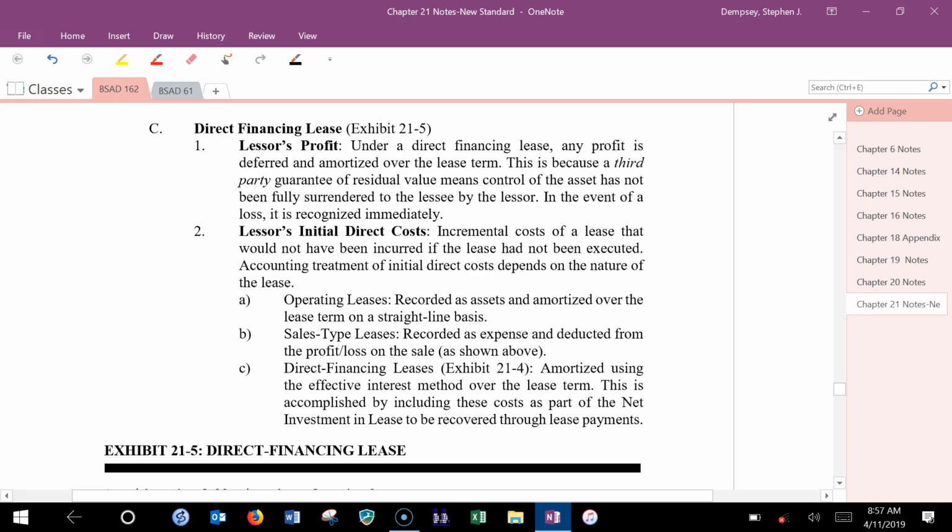The general rule was, as we went back, if you go back in your notes and reviewed these, the general rule is a sales type lease. That is, if you meet the capitalization criteria, one of them, there were 5, if you met any one of those, both the lessee and the lessor would capitalize the lease, and the lease was called a sales type lease on the lessor's side. All right?